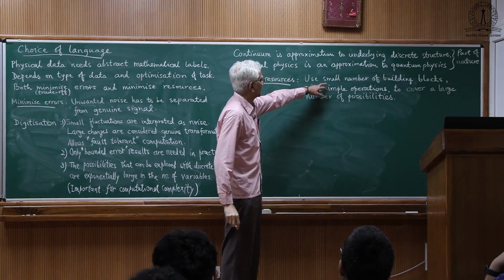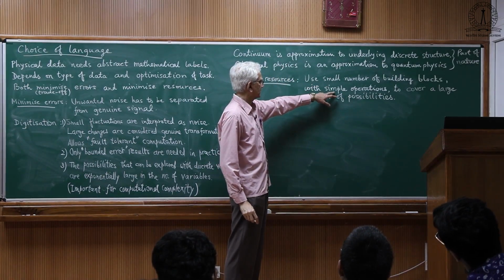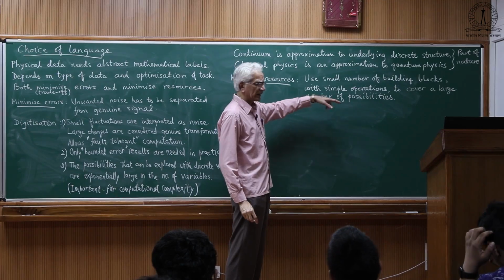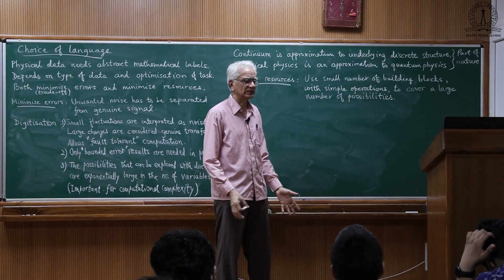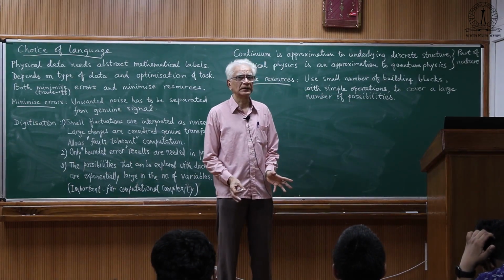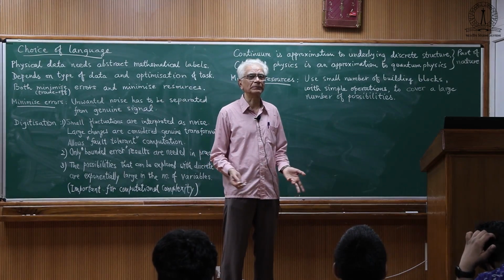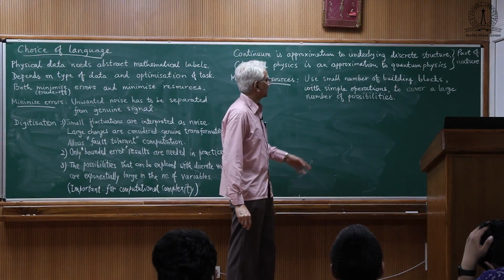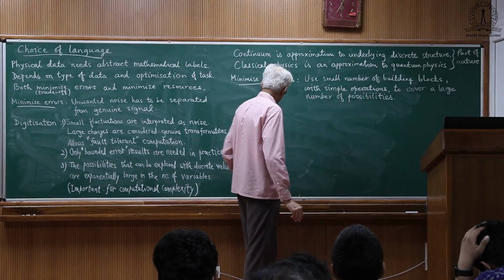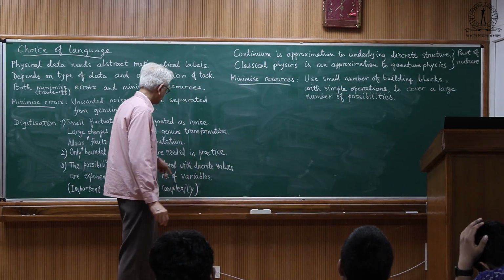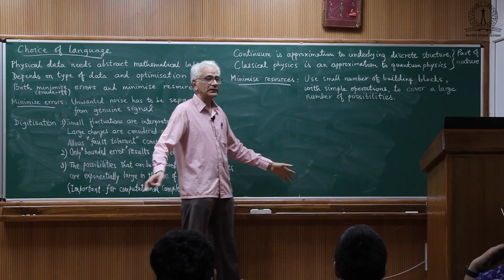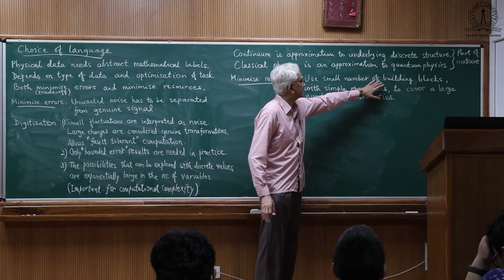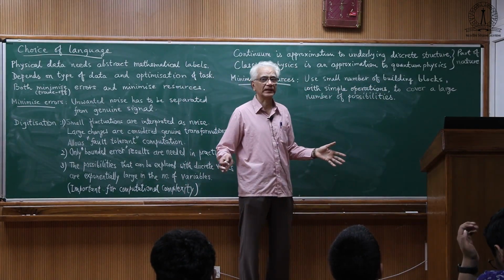So when you have only a small number of things, this second part kind of happens automatically. There's only so many things you can do. And those operations will look simple, nothing complicated. But by putting them together in some particular manner, you keep this thing versatile.